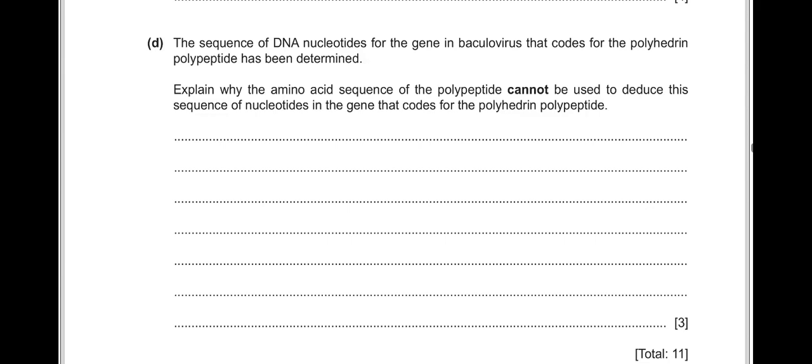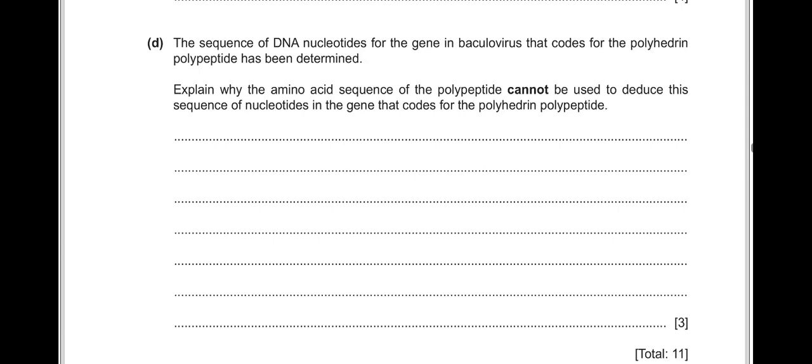The reason is each amino acid is coded for by more than one codon. We have more than one codon coding for each amino acid. Like we have 64 codons that code for 20 different types of amino acids. So we may not know which codon is present in the DNA.